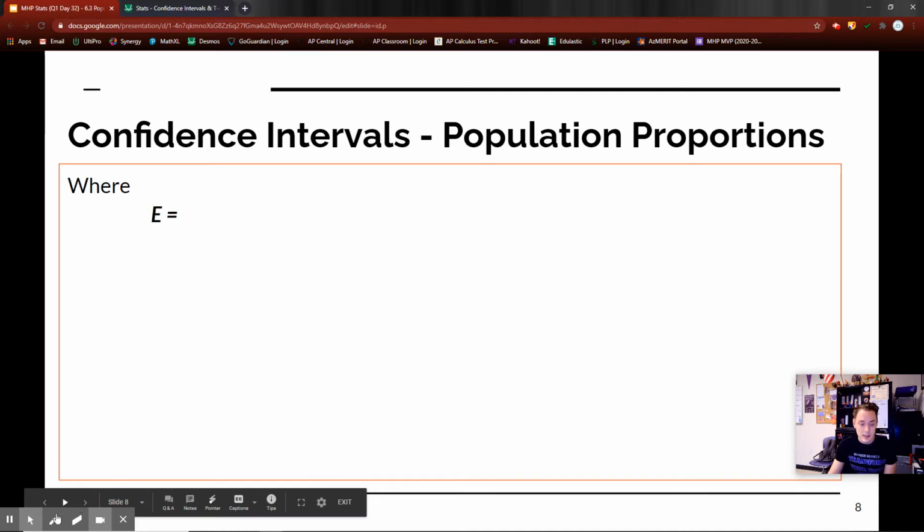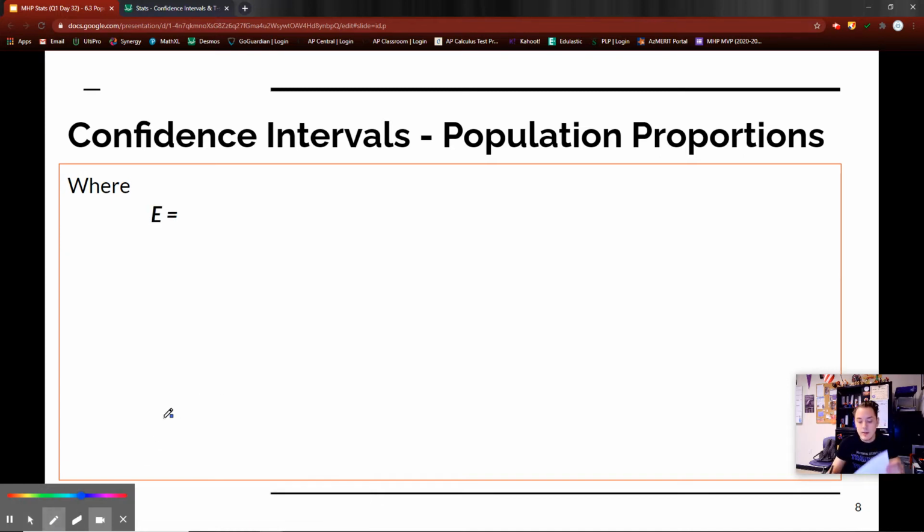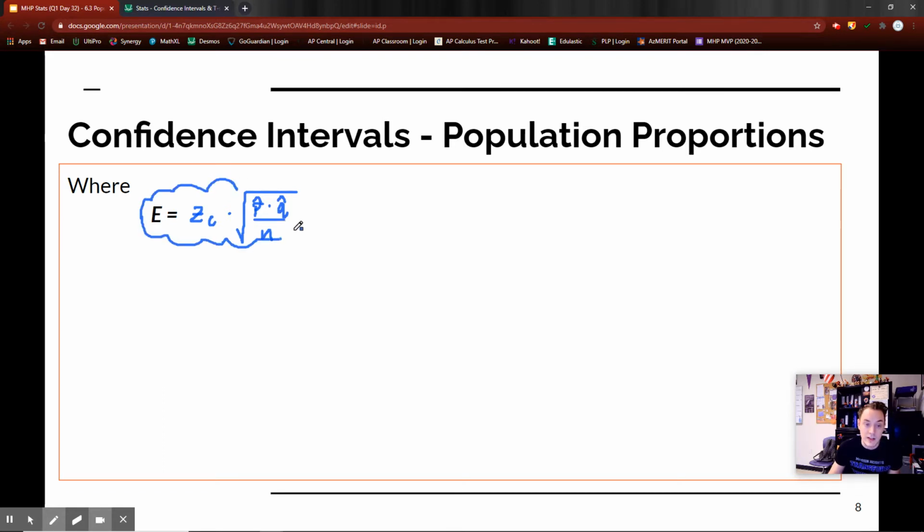So think about this. What is going to be my E? My E is slightly different. We're still going to be utilizing my z-score or my z critical value, but I'm going to have a different E value. This is going to be my p hat times my q hat all over my n. This is actually my margin of error, and it is rather nasty.